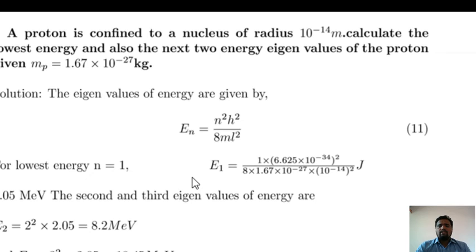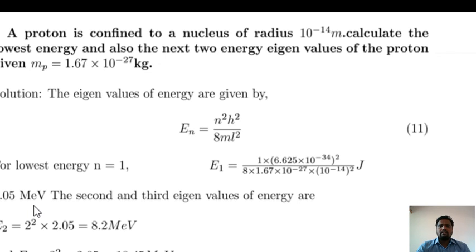For lowest energy, substitute n equal to 1 and the value of h. m is given 1.67 into 10 raised to minus 27 and L is given, equal to 10 raised to minus 14 meter. So by substituting all the values of n, h, m, L, we will get the value of E1, the lowest energy, equal to 2.05 MeV.